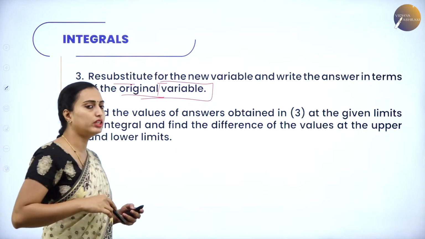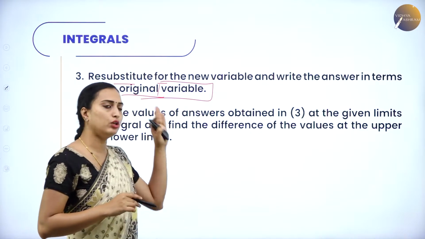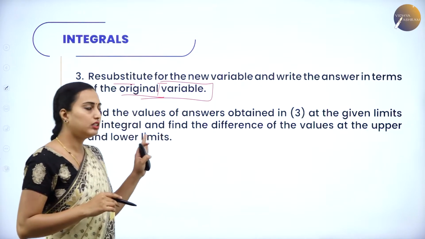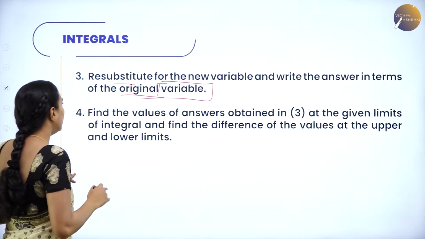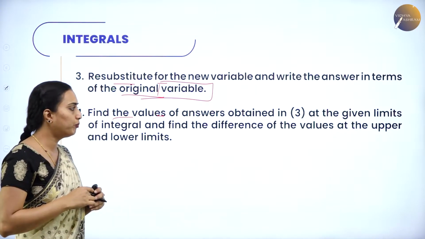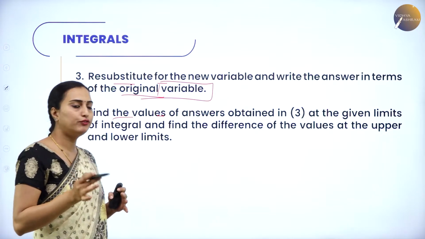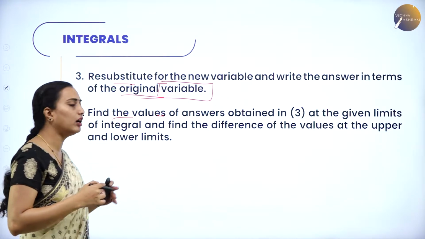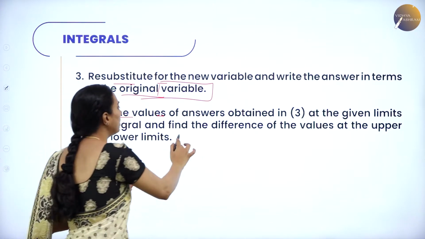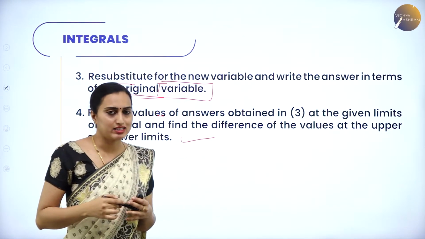After doing that, find the values of the answer obtained at the given limits of the integral and find the difference of the values at the upper and the lower limit. This is the usual step we have studied in the last classes.